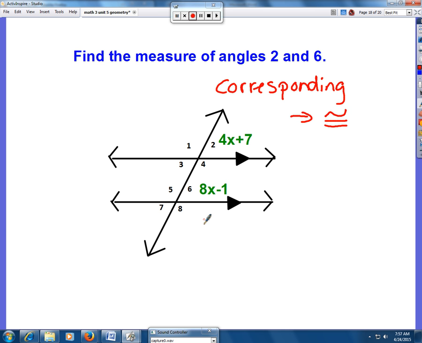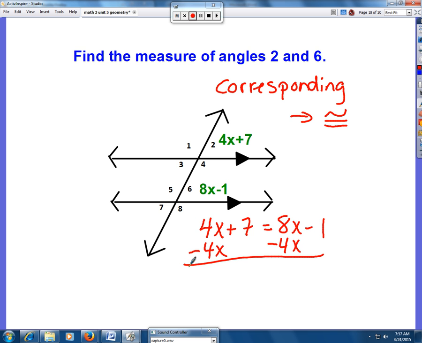So I have 4x plus 7 is equal to 8x minus 1. I'm going to subtract the 4x here. So I have 7 equals 4x minus 1, then add 1 to both sides. And I have 8 equals 4x, and x equals 2.